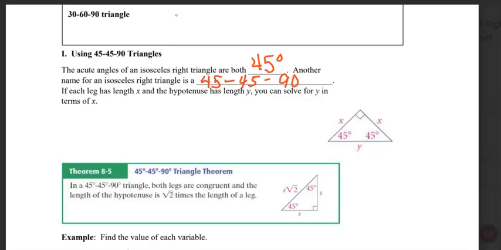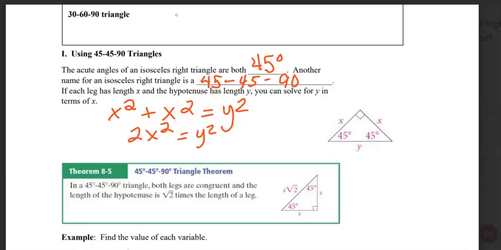So putting into practice what we did before, x squared, so that's a squared plus b squared, right, which is another x, equals c squared. So this would be 2x squared is equal to y squared.